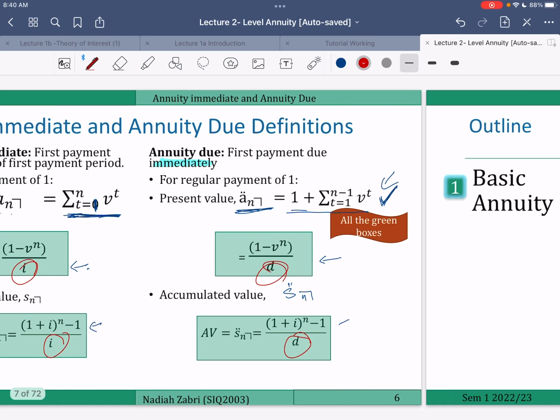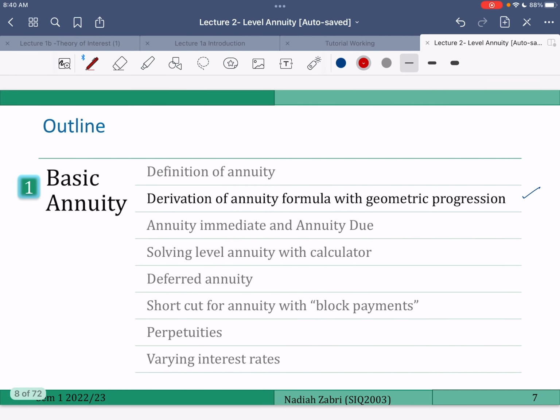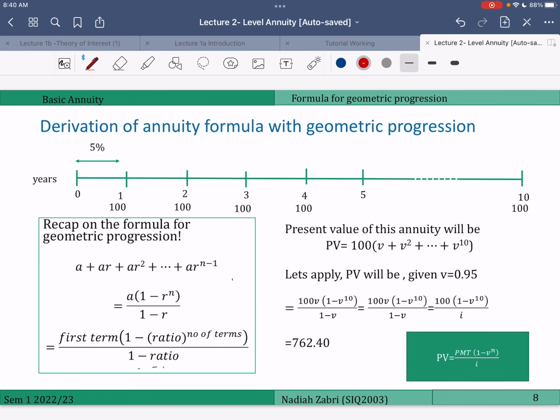Okay, now moving on. Derivation of the annuity formula with geometric progression formula. So this is geometric progression. Geometric progression happens when the next term is equal to the previous term times a common term. So in this case, our common term is r. So the previous term is a, right?